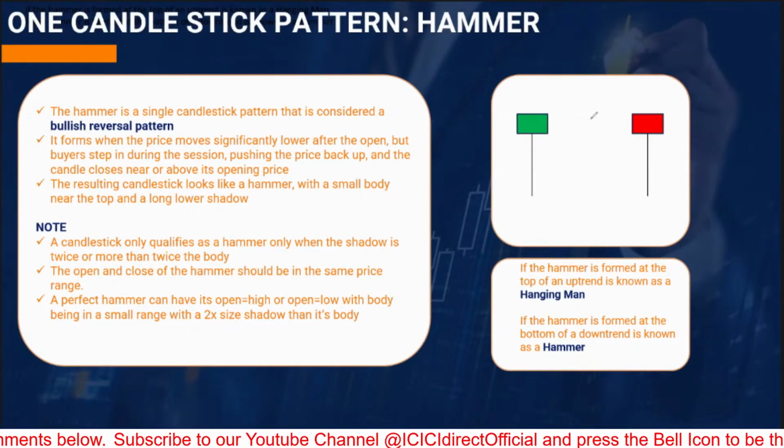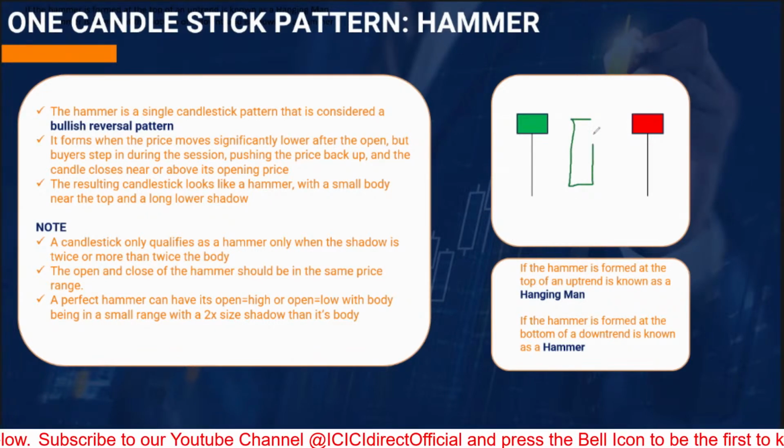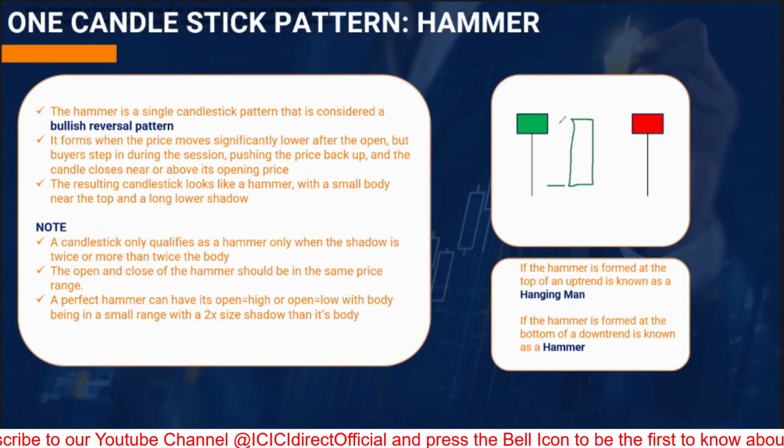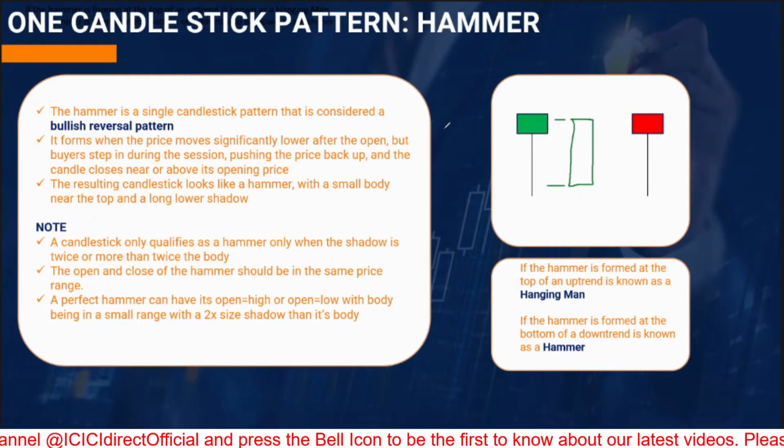A marubozu candle is a candle which will not have a wick. Basically, for a green candle, this will be the open price and this will be the close price. In a green marubozu, your open price and low price are the same, and your close price and high price are the same, so you do not have a wick. In a similar case, we'll have a red marubozu as well.